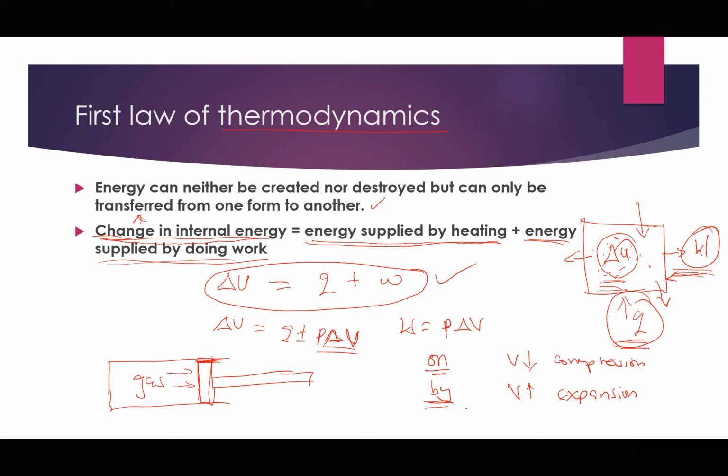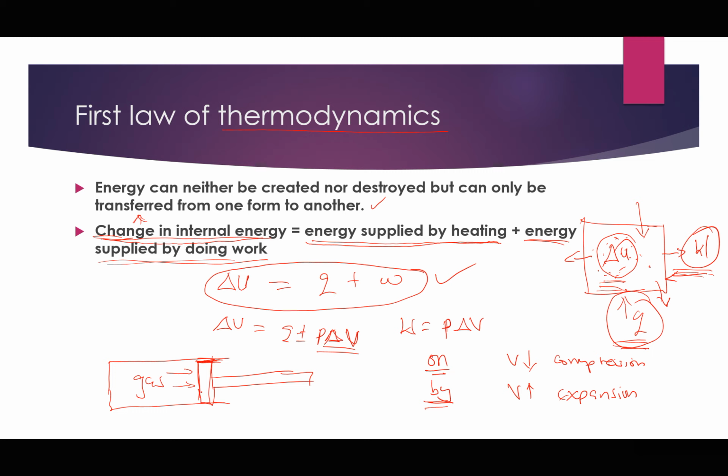I want you to recall that work is done when energy is transferred, most likely by mechanical means. And we have just seen that heating is a transfer of energy, especially due to a difference in temperature. So work and heating both involve a transfer of energy, but in different ways. For work, energy is transferred by mechanical means.